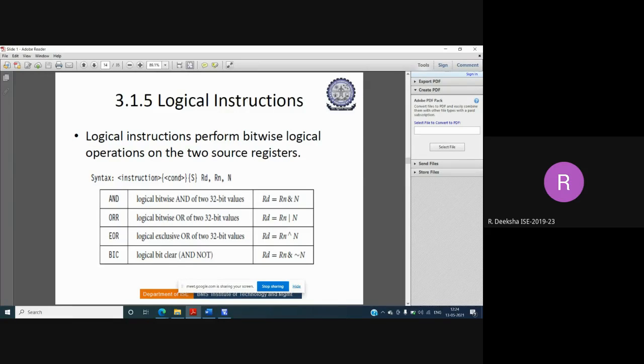If two bits are 1, what will be the value?